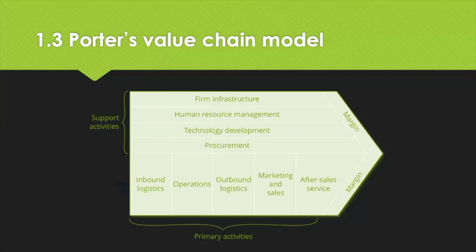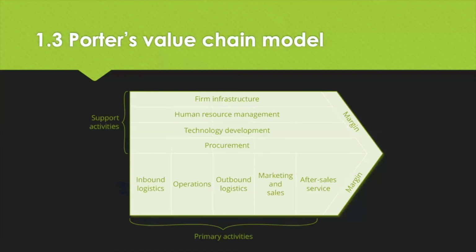And although the primary activities directly add value to the product or service, the value chain recognises that they're not necessarily more important than the support activities. So these support activities will include the firm's infrastructure, a company's organisational structure, its departments, its committees, its organisational culture, as well as its human resources management, which includes a wide range of activities related to employee recruitment and selection.